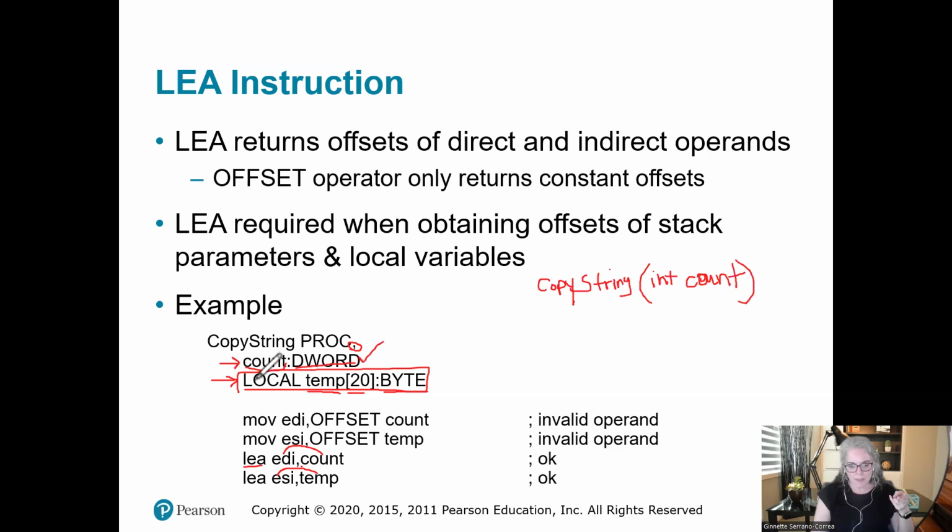The local variable would be inside, so it would be like char temp, 20. So that's that, and that one's that one right there.